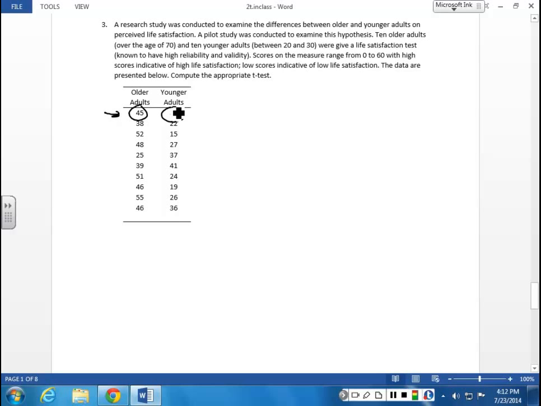Well, unless you observed somebody at one time in their life and waited 20 years and observed them again, these are different people. Therefore, we're talking about 2 groups, Group A, Group B. These are 2 independent groups.